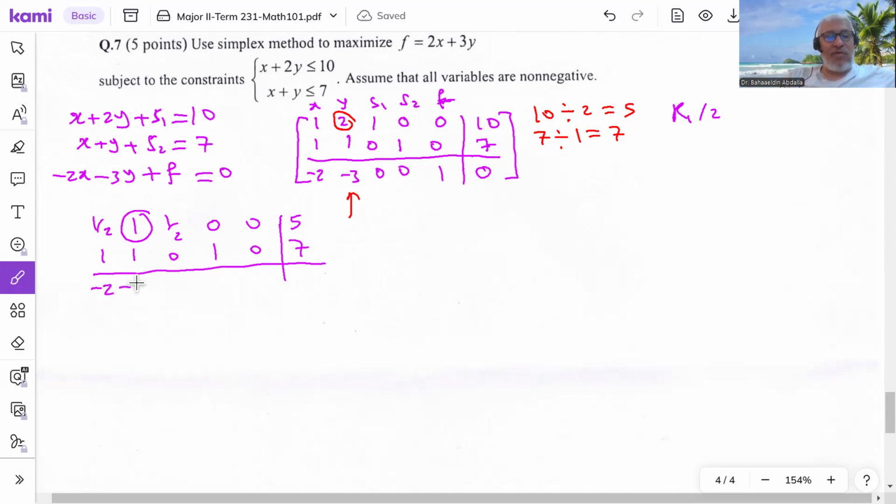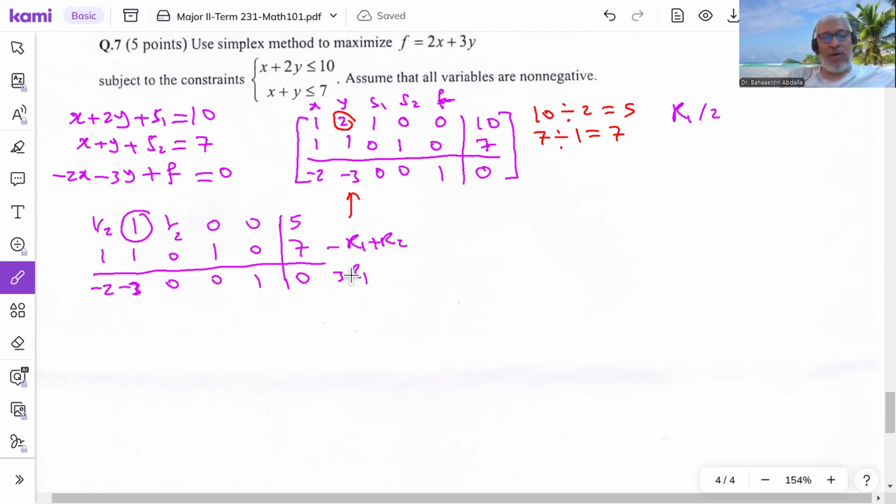So negative 3, I have to change it to 0. And this one, I have to change it to 0 using the pivot entry, which is 1. Okay, how can I use 1 to change 1 to 0? Negative R1 plus R2. And how can I use this one to change negative 3 to 0?